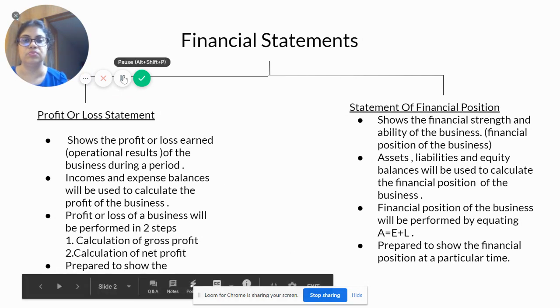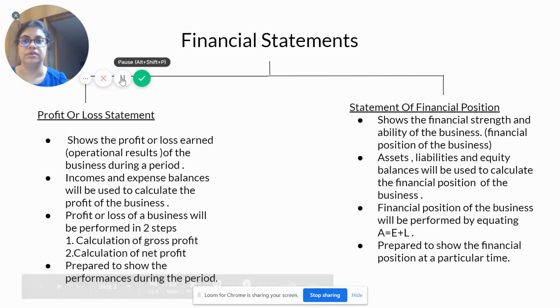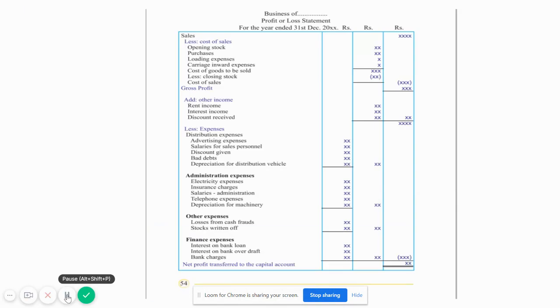Okay, let's move on to the preparation of the profit or loss statement. Okay, this is the standard format that the exam is expecting from you all in the examination paper. And there's no choice.